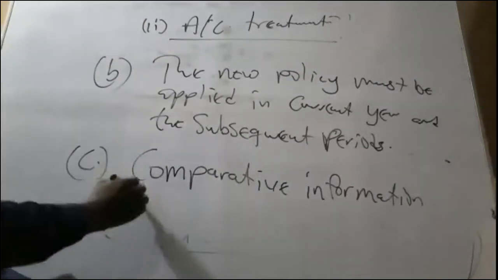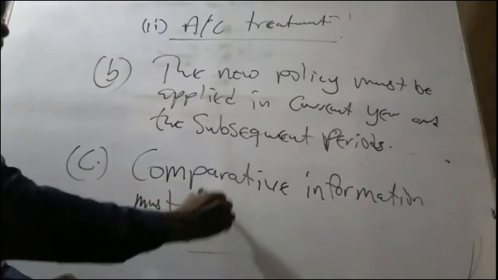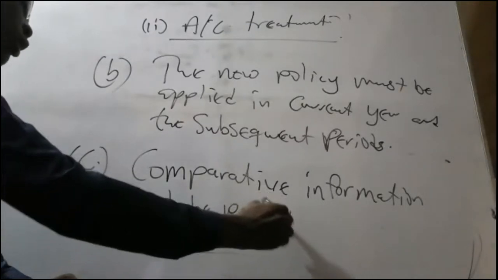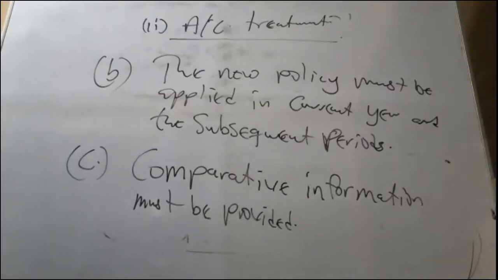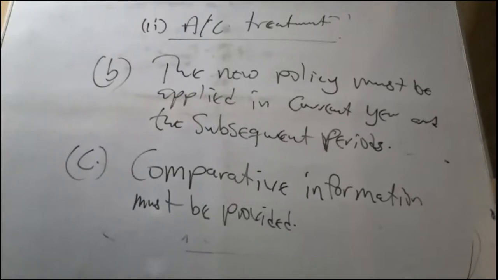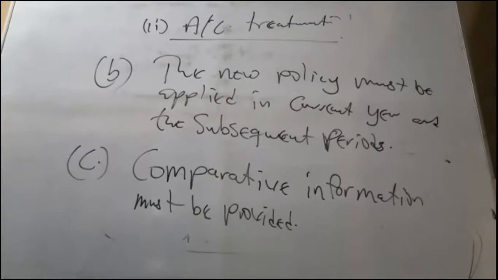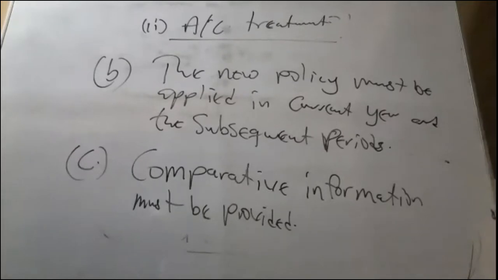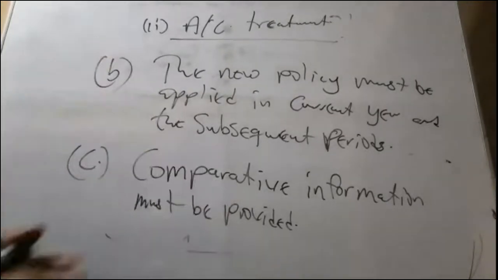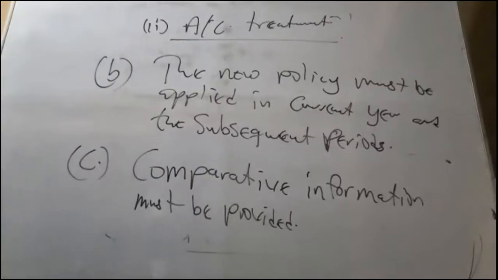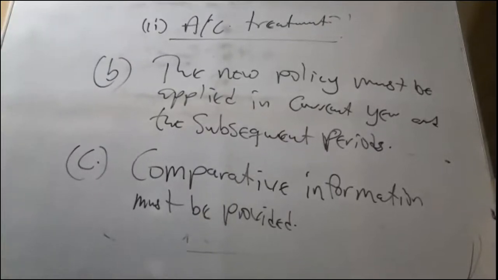Because if you change an accounting policy and you don't provide the comparative information, it will distort comparison. So any 2 of these points, you are free to go and score the 2 marks. We are done. Let's continue with the questions.